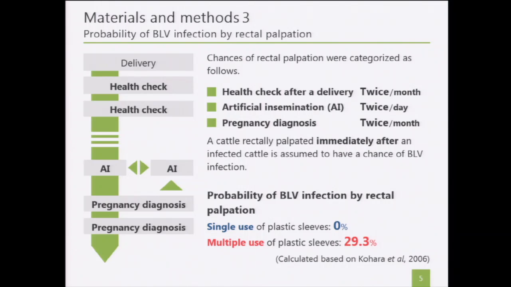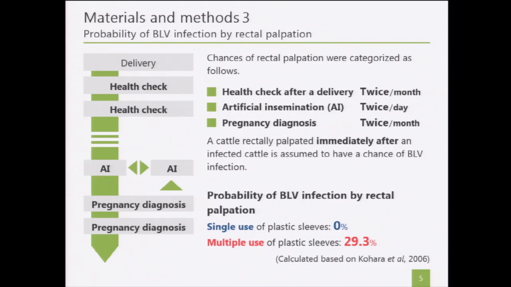Next, the probability of BLV infection by rectal palpation was considered as follows. The chances of BLV infection by rectal palpation were divided into 3 groups: health check after deliveries, artificial insemination, and pregnancy diagnosis. At the health check, if the cow was diagnosed as pregnant, and when heat of a cow was found, artificial insemination was conducted.